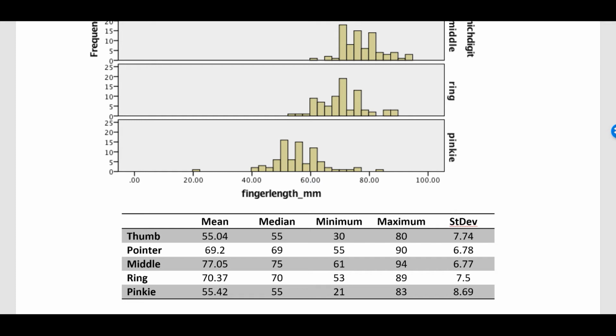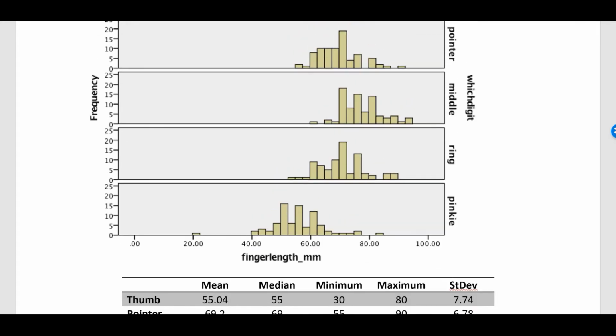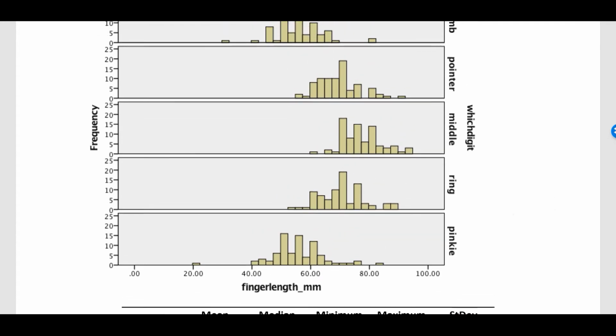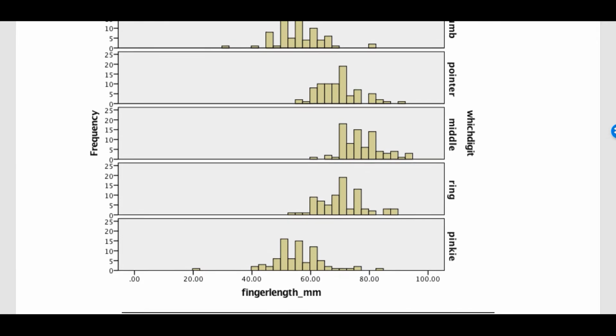So in this data that's pictured above, this is related to the finger data like we collected in our classwork 3 on variability. So we see this data is looking at finger length, at frequencies of those finger lengths and split by which digit they're talking about: the thumb, the pointer, the middle, ring, and pinky.